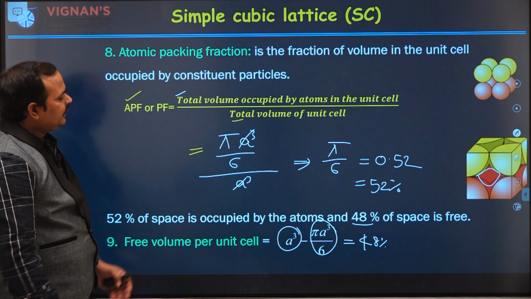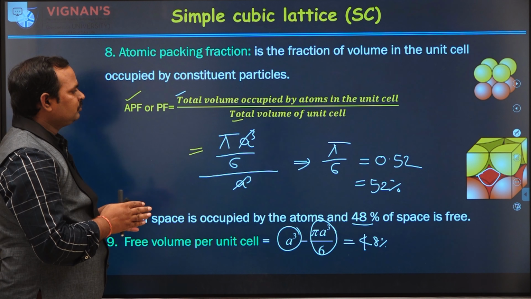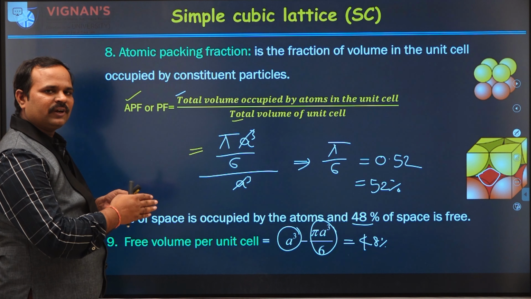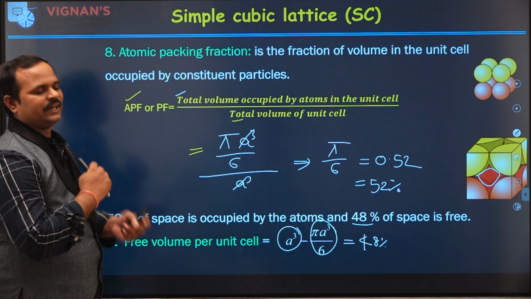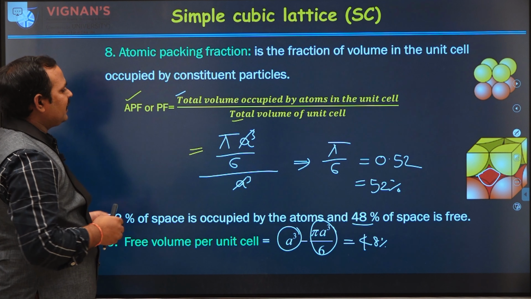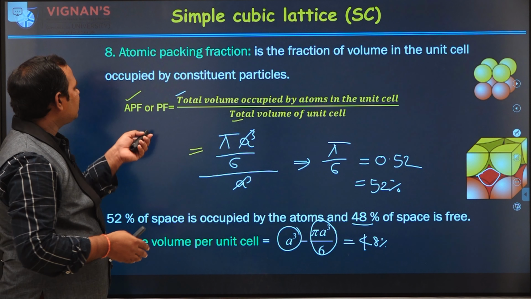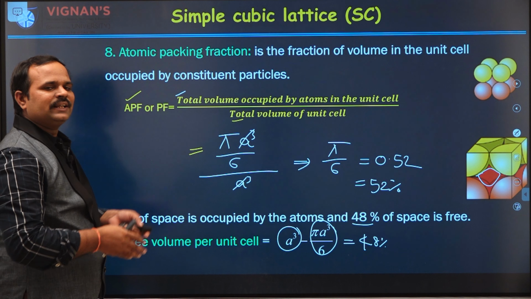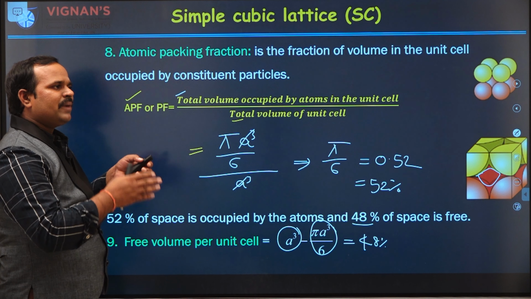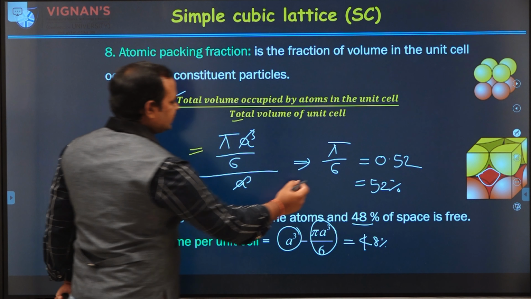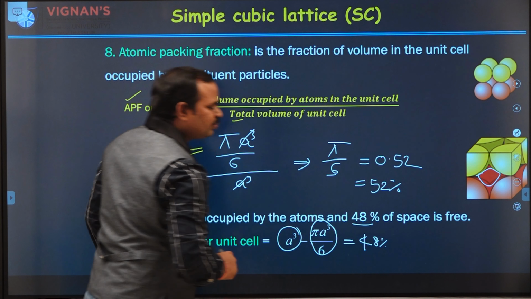In this way we can find out various parameters for a primitive cubic lattice. Here the important things are the volume occupied by the atoms and the packing fraction. In the simple cubic, the atomic packing fraction is pi by 6, which is equal to 52%.